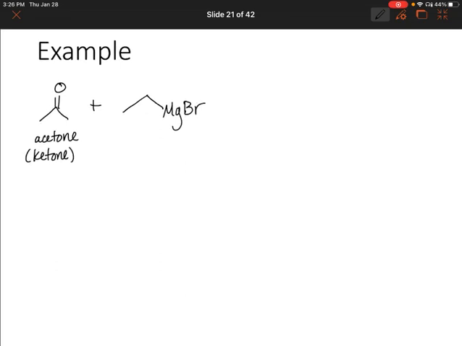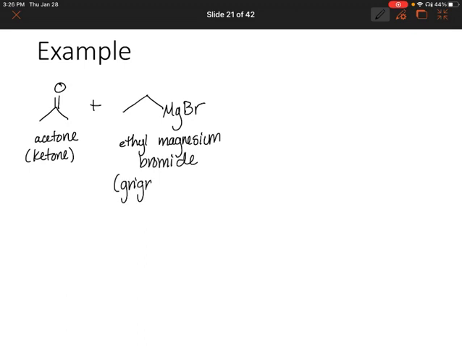So we would call this ethyl magnesium bromide. And again, this is our Grignard reagent. But the Grignard reagent can come in many different forms depending on the carbon chain that you want to add to your other starting material.